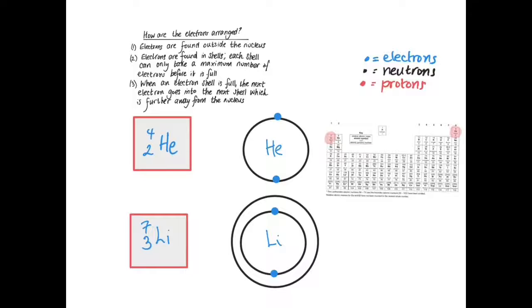So look at this. Helium's got 2 electrons, 1, 2. Lithium has got 3 electrons. Now, that's like helium, but it's got this extra electron, and this extra electron is going to go in the second shell there. So we've gone from helium to lithium. We've started a new row, a new period, and that's why we have to have a new electron shell.